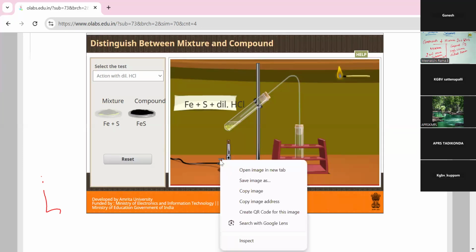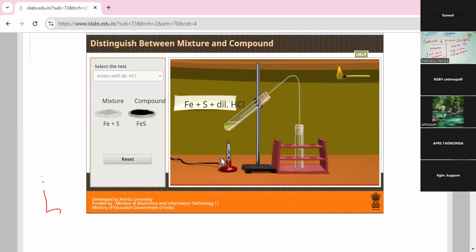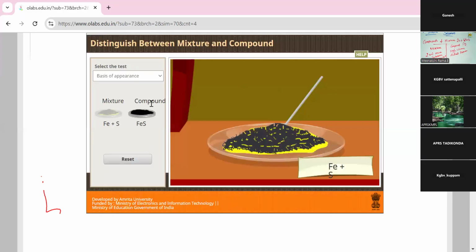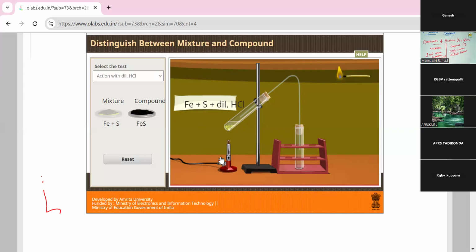Going to turn on the burner. Just a minute. Yes, the burner is in position. The changes are going on in the test tube.